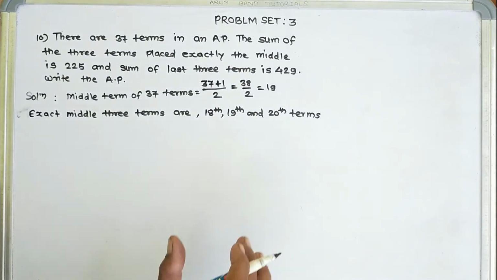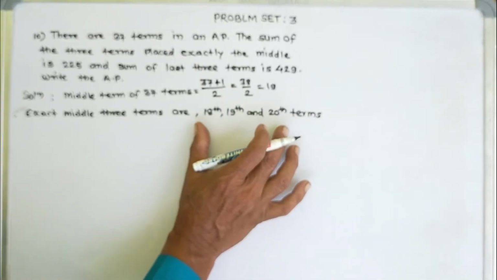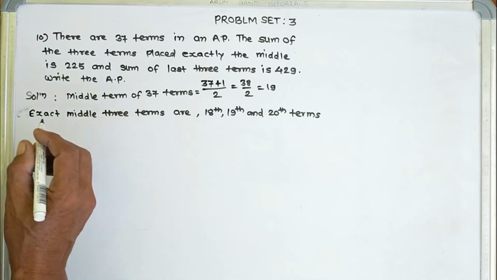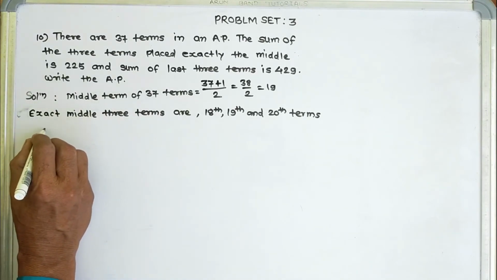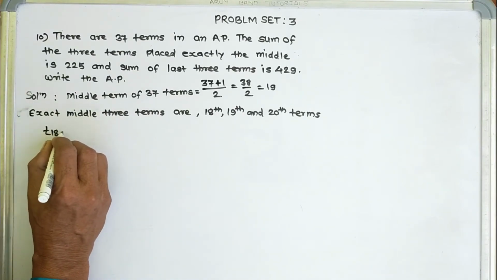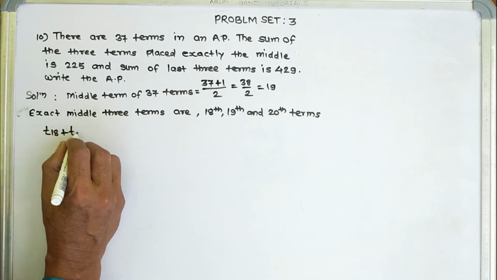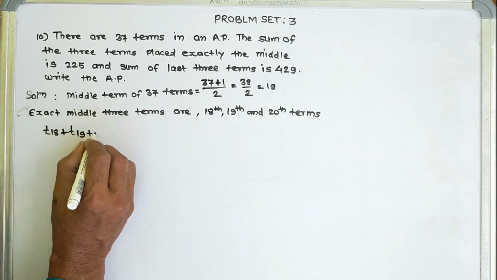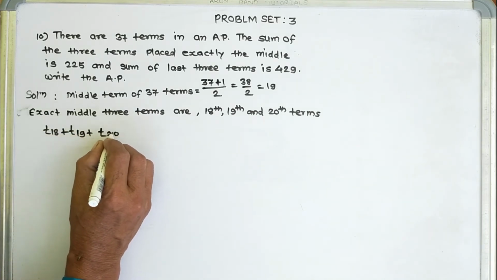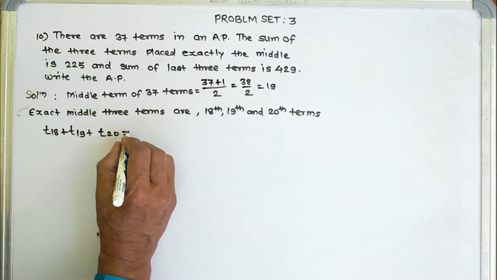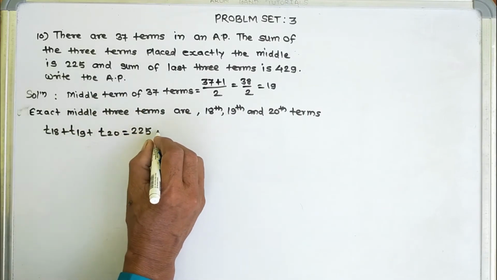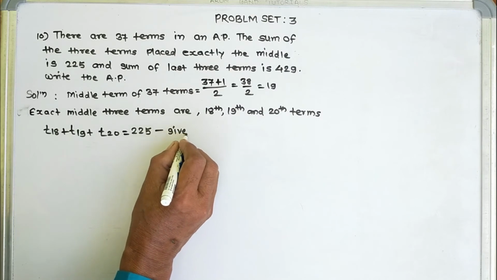Here we have given the sum of these three terms is 225. So here we have given T18 plus T19 plus T20 equal to 225. This is given to us.